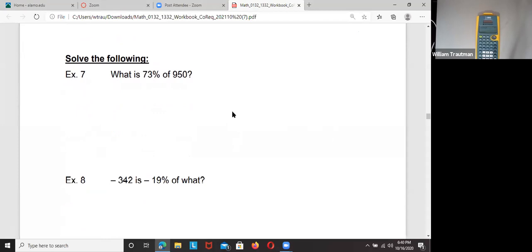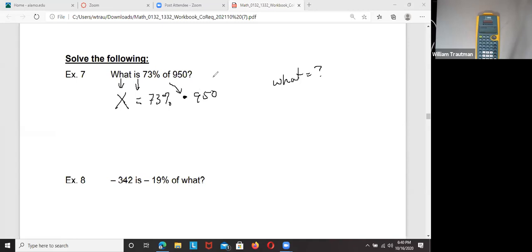Okay, so now we have to find the missing piece. And there's one more word we need to realize. What is the missing piece? What? And you can put an X. That's what we're trying to find. Is means equals, 73% of means multiply, 950.